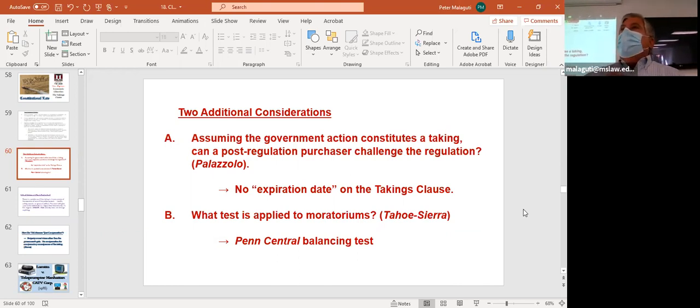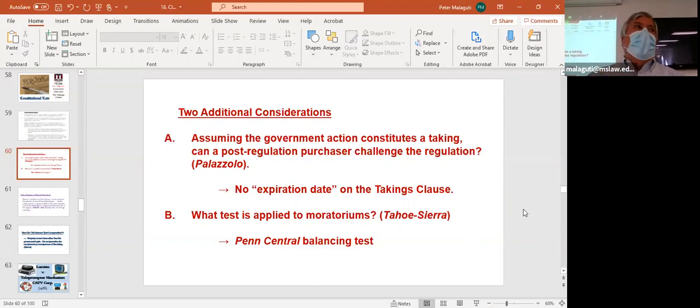And then if there's a moratorium that is done, is the moratorium itself a taking? And what the court tells us in this Tahoe-Sierra case is that we apply the Penn Central balancing test to figure that out. And most of the time, it's not going to be a taking, is what we see.